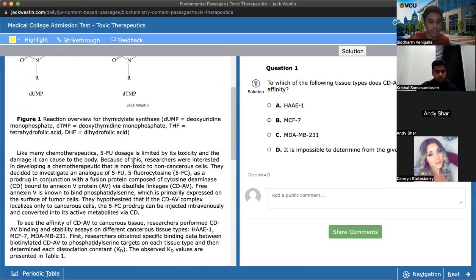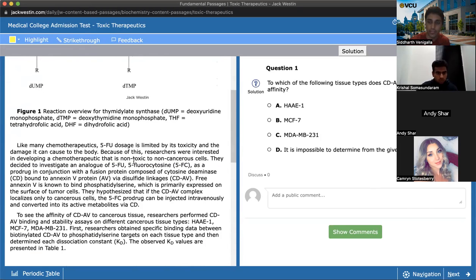Yeah, I can read it. Starting at "Like many." Yeah, sure. Like many chemotherapeutics, 5-FU dosage is limited by its toxicity and the damage it can cause to the body.